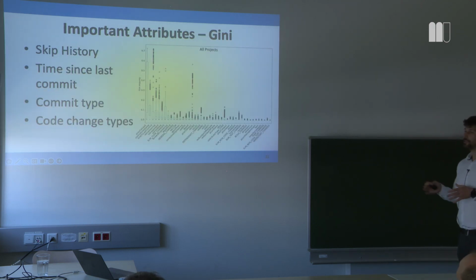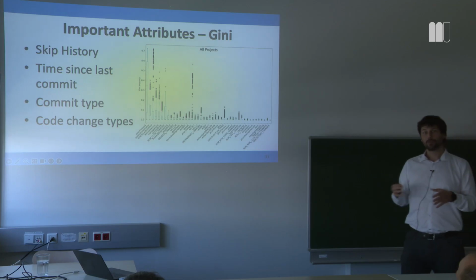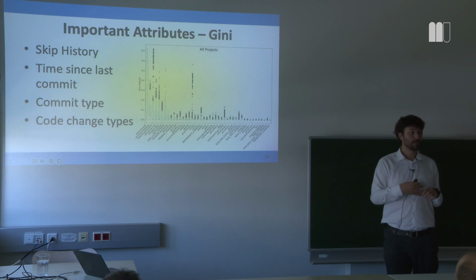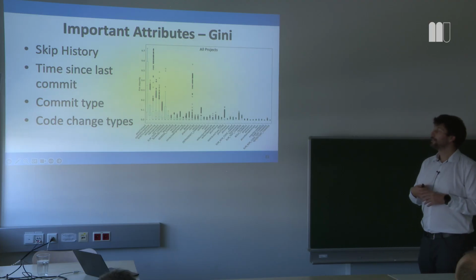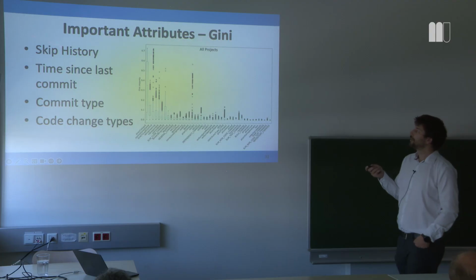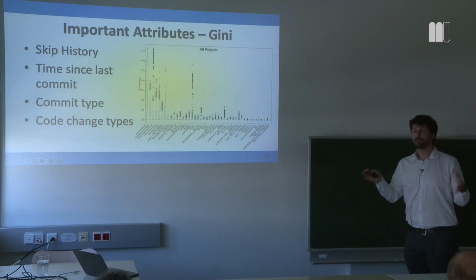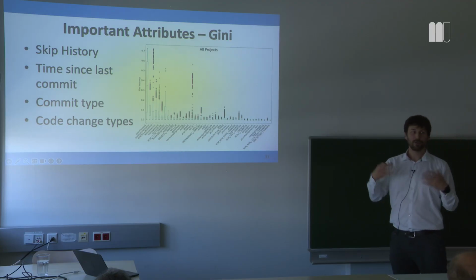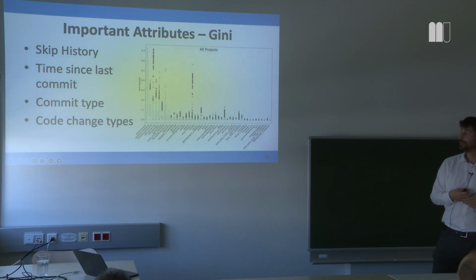We also looked not only at the metrics themselves, but also checked what are the important attributes that our model uses to actually decide whether a CI run should be skipped or not, which is then also interesting for developers to understand this decision. It turned out that the history is quite interesting, which is kind of questionable, because if there are 5 already skipped, skip the next one, could be treated as okay, or maybe a completely wrong decision.